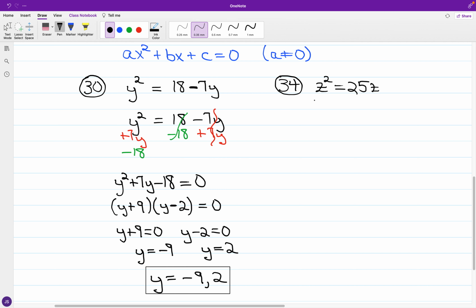This is a quadratic equation, but it is not in standard form. z squared is in reference to x squared, and we have 25z, which is going to be the bx portion.